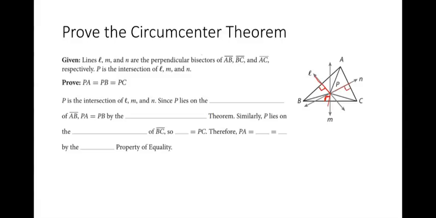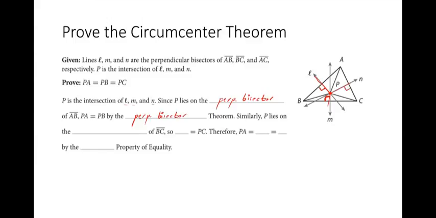All right, now basically, P is the intersection of L, M, and N, so it is acknowledging that P is our point of concurrency. So P is the intersection of L, M, and N, since P lies on the perpendicular bisector of AB. Now, PA is going to be equal to PB by the perpendicular bisector theorem.